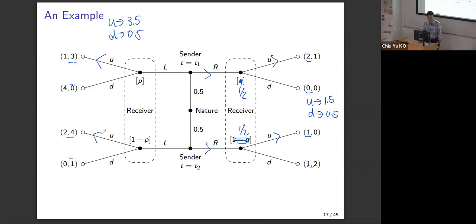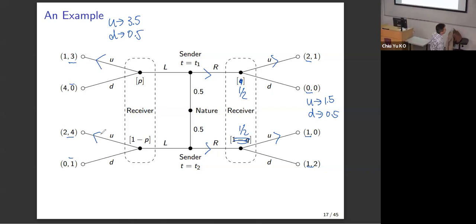Actually, you don't have to calculate, because U is always better than D. There's no way you can choose down. Up is always a dominant strategy.